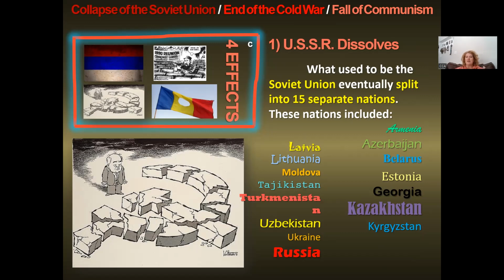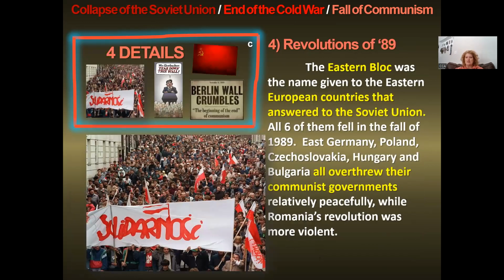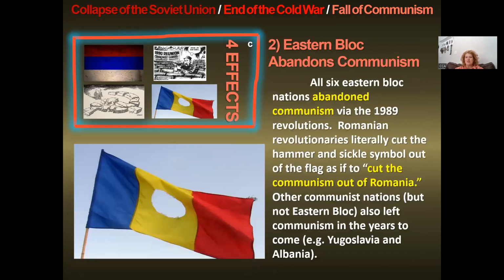Just to the west of them, in the area known as the Eastern Bloc, where there was East Germany, Poland, Czechoslovakia, Hungary, Bulgaria, and Romania, those countries were considered the Eastern Bloc nations. They also abandoned communism. All right, so I think that I got this.